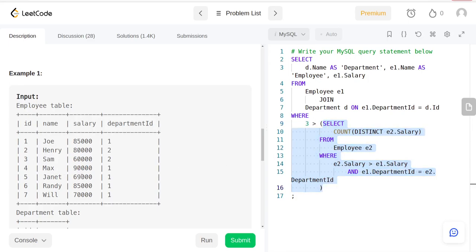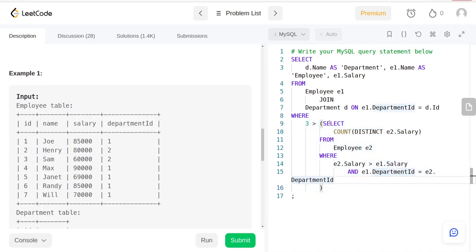Over here, how many people are there who have more salary than 69,000? One person, two people, 3 and 4. So the answer is going to be 4, and 3 is not greater than 4, so this person is not going to make it to the result. And likewise this and this will come up to the result.